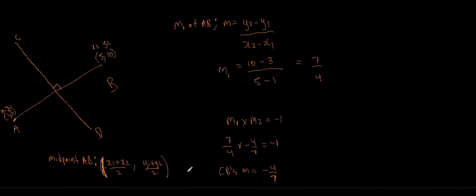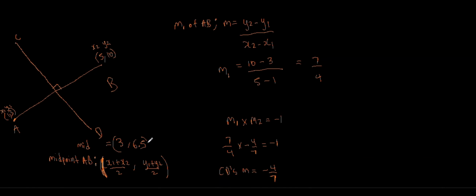The x coordinate of the midpoint is x1 plus x2, which is 1 plus 5, which is 6. 6 divided by 2 is 3. And for the y coordinate of the midpoint, we would get 3 plus 10, which is 13. 13 divided by 2 is 6.5.